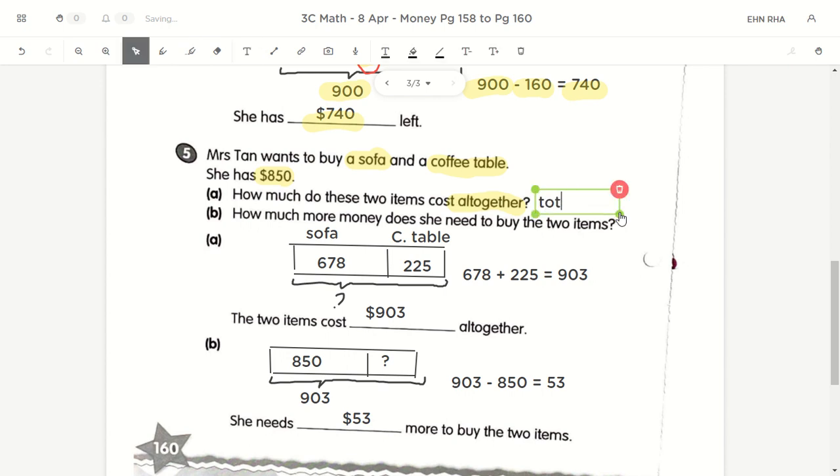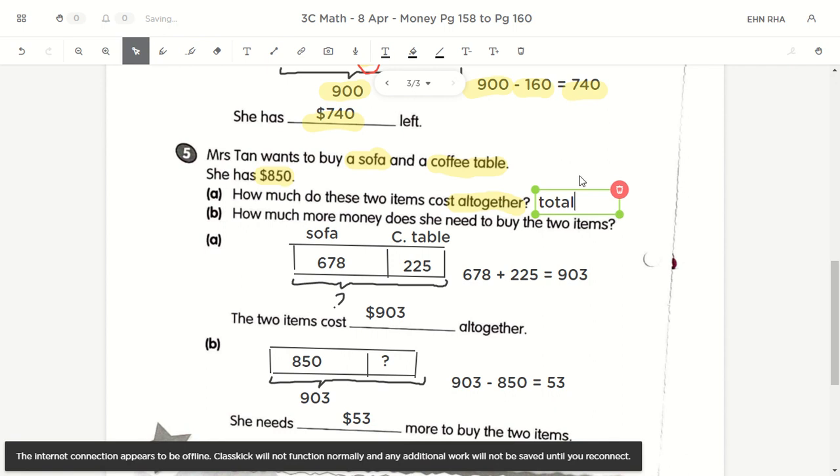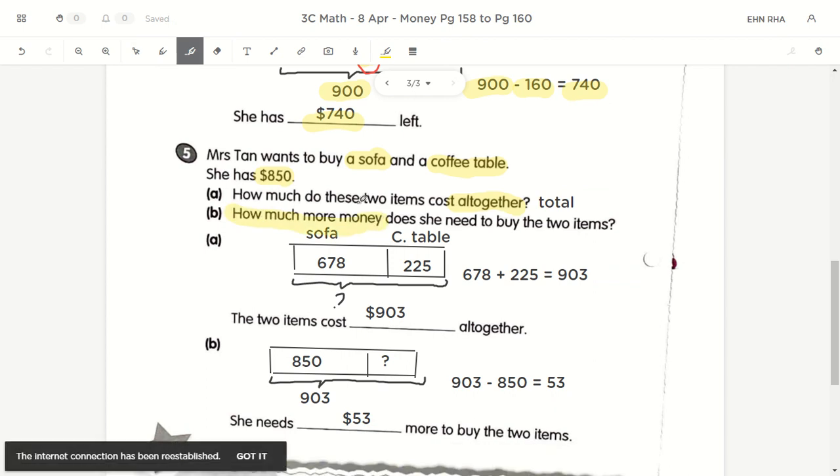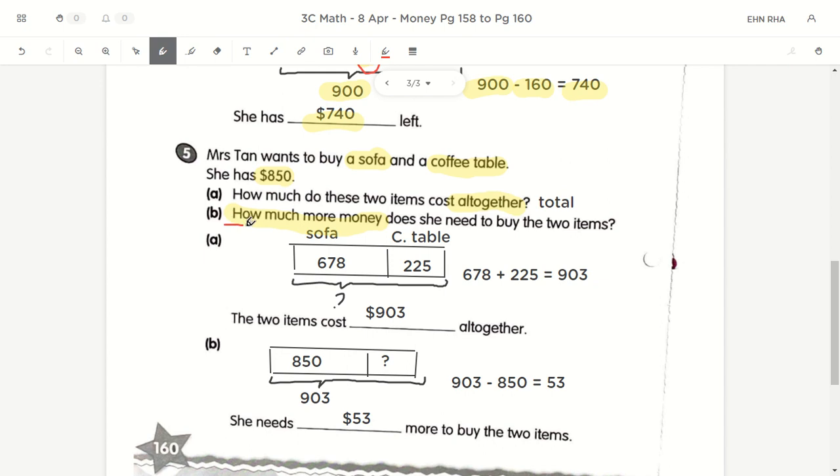So this one means the total over here. Okay. And how much more money? Okay, this is a key concept. How much more money? So ask yourself now, do I have enough money to buy these two items? Seems like I don't have, right? Because I need more money to buy these two items.